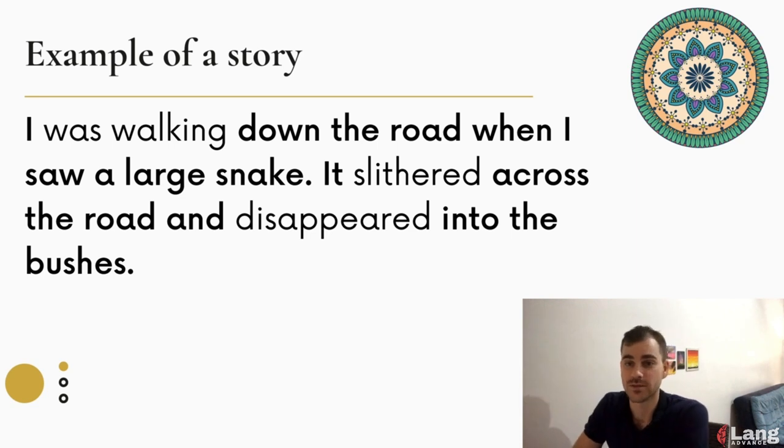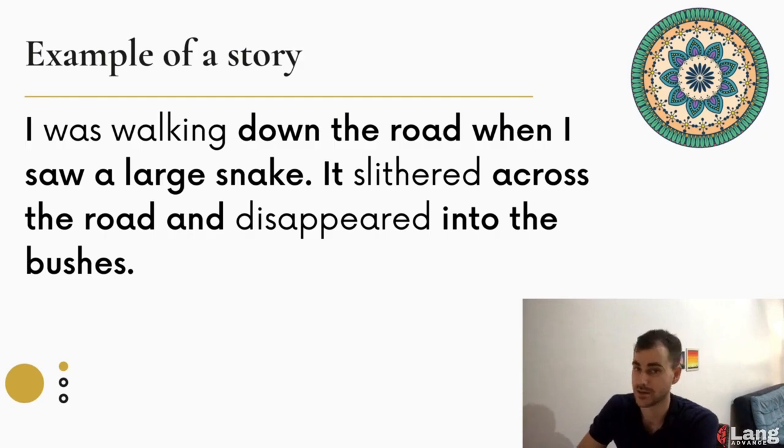Here's an example of a story. I was walking down the road when I saw a large snake. It slithered across the road and disappeared into the bushes. Look at the verbs. The first verb is a continuous tense. I was walking.